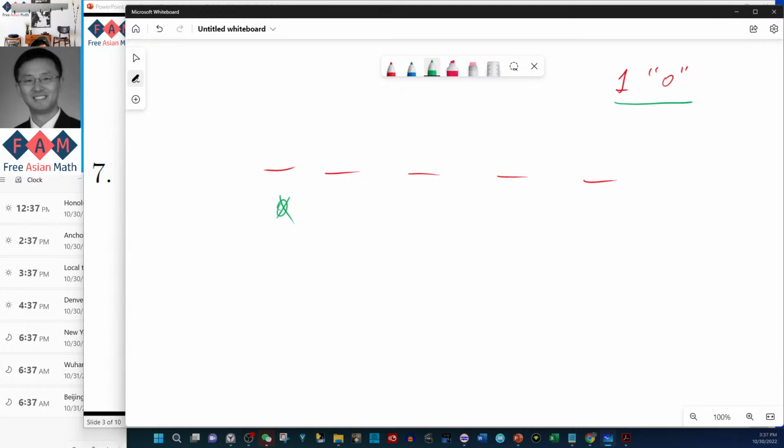Because we don't make a distinction between the unit digit, the 10s digit, 100s digit, or 1000s digit, because they are all the same from our counting perspective. The only thing we need to worry about is that we need to have exactly one 0 in one of those 4. So therefore, you have 4 choices to put this 0 in.